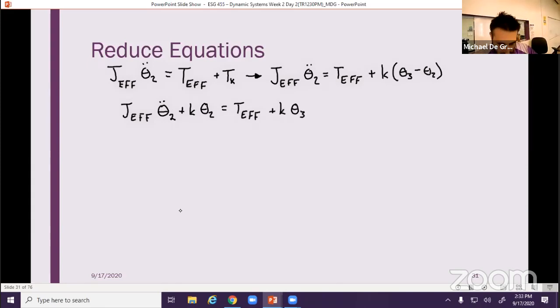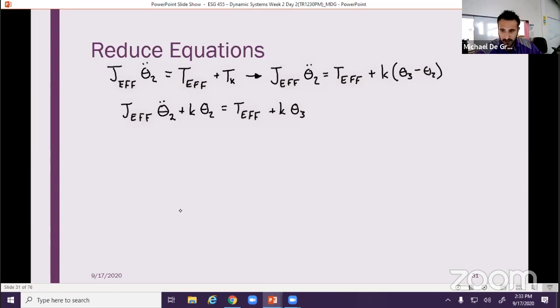And that will be that, because we said that our input was T effective and our outputs were theta 2 and theta 3. That's what we said. So hey, look at that. Could you write this in terms of, well, I really want to know what theta 1 does? Sure. We can talk about that in a second if you want.